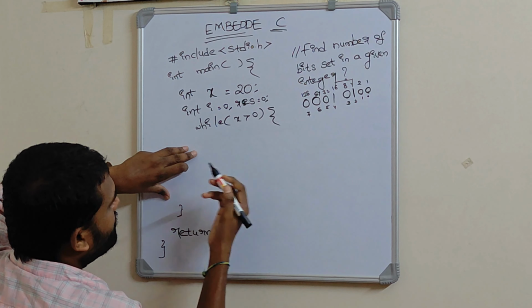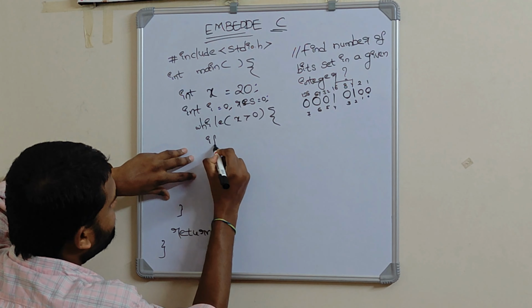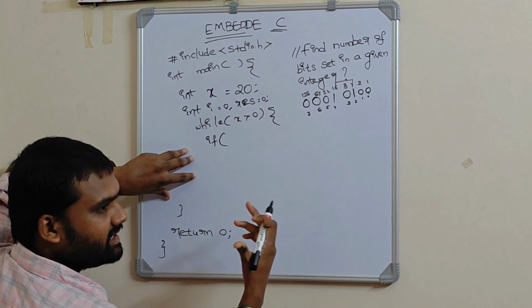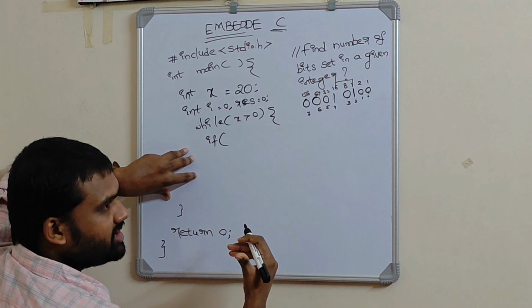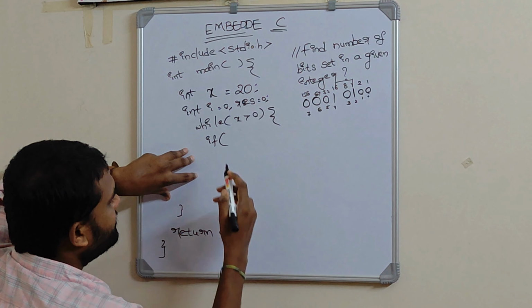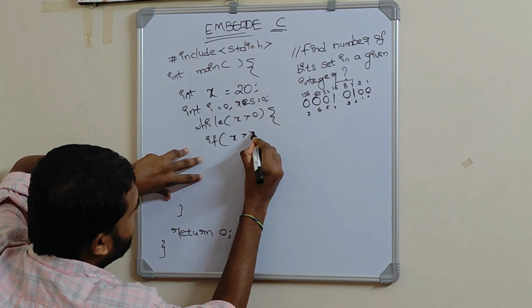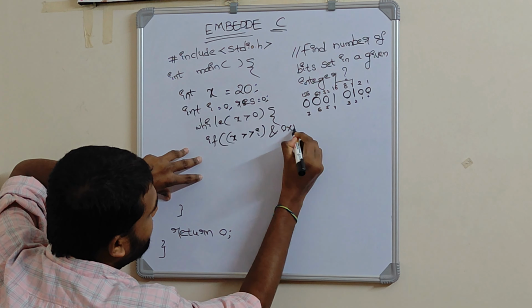Okay, so now what we will do is check, how do we find whether a bit position is set or clear? The logic we have discussed in the last video. I'll keep the last video's link in the description. Now, x right shift by i, and we have to do the AND operation with 0x1.